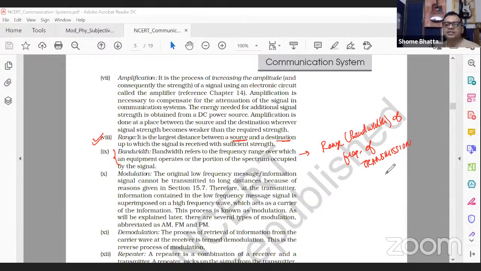That is, your transmitted signals have to be in a certain bandwidth of frequency. So that is called the communication system's bandwidth. Okay. Modulation, you already understood. It is the modification of the carrier wave via amplitude modulation, frequency modulation, or phase modulation.